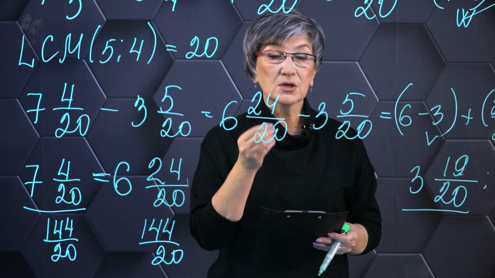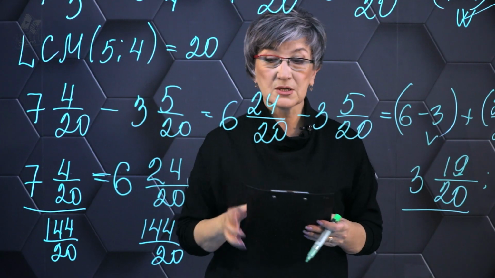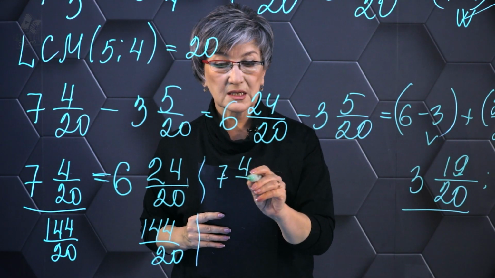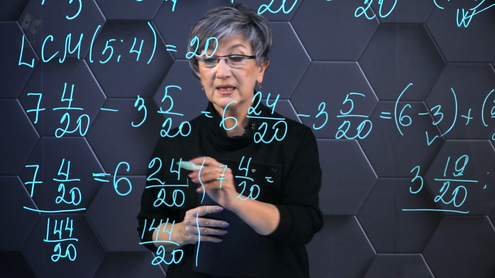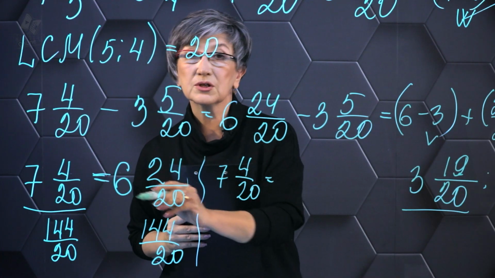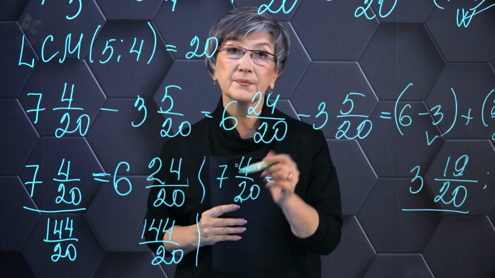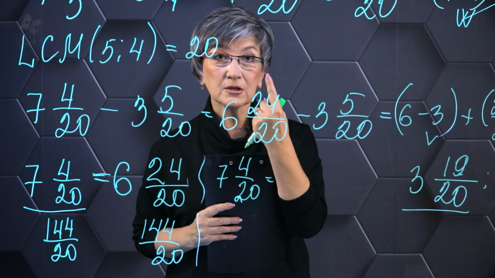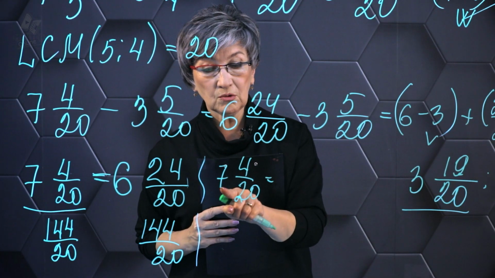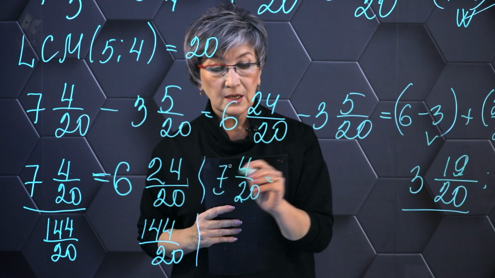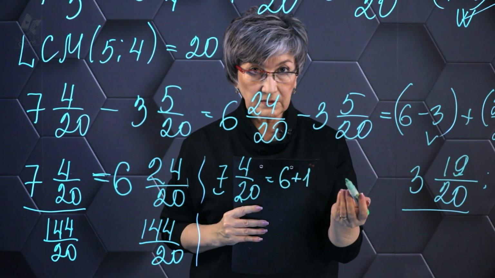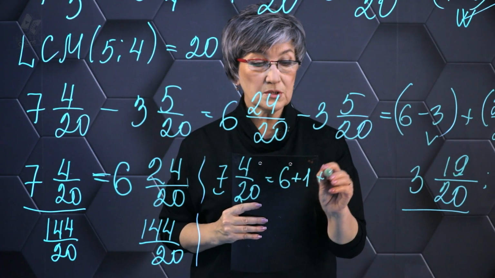Let me explain to you again why this happens. 7 and 4/20. What did I do to get a mixed number like that? I take one whole part out of 7. This 7, I write down as 6 plus 1, right? And plus 4/20.